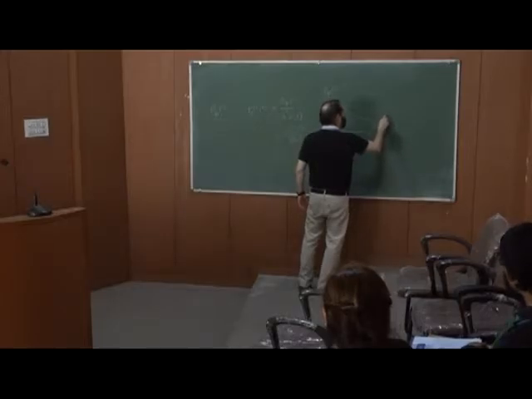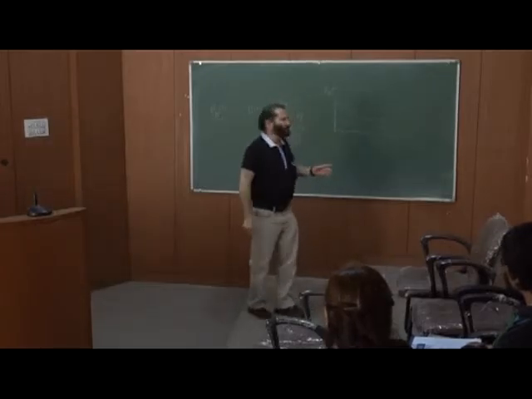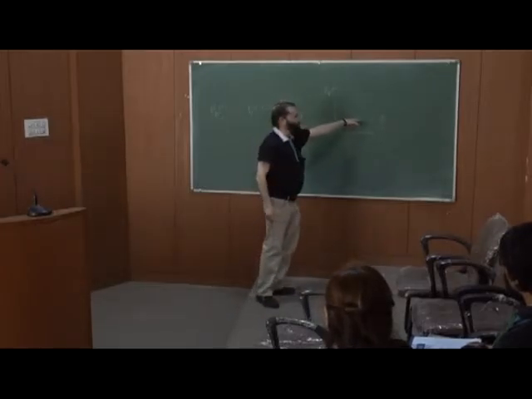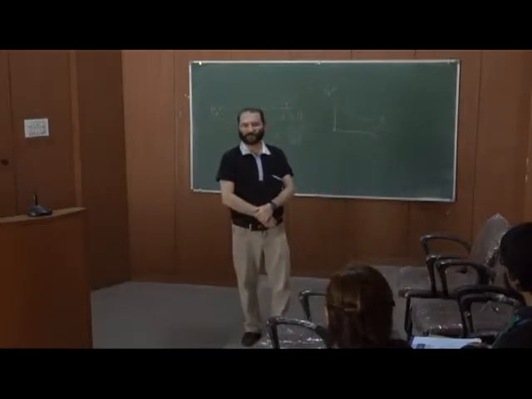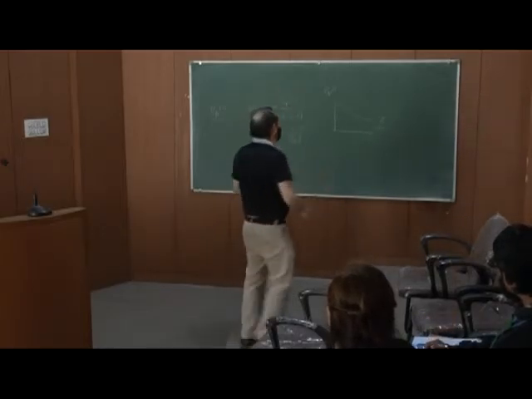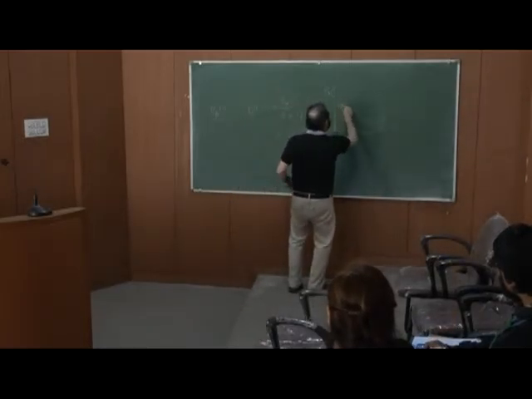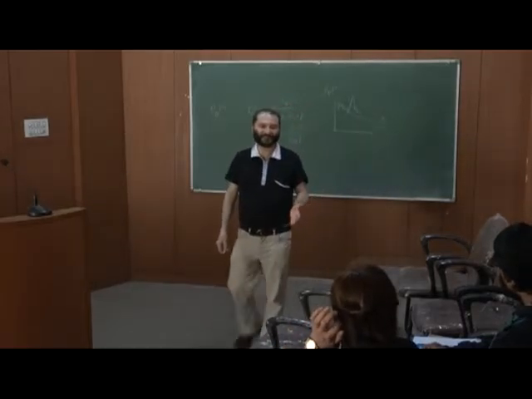Typically you are going to choose something like a polynomial. We don't want an initial density that is wildly oscillating. That's not realistic.